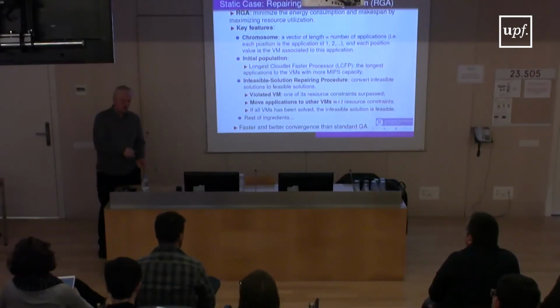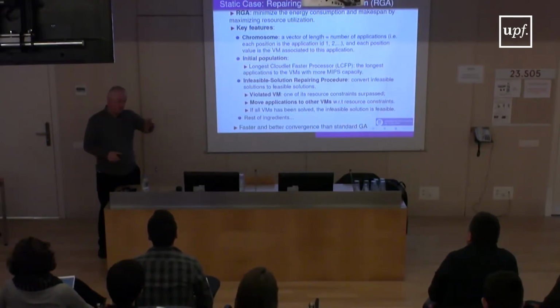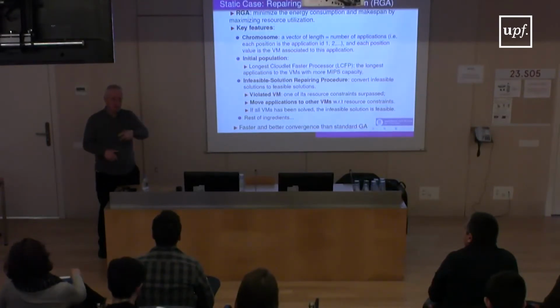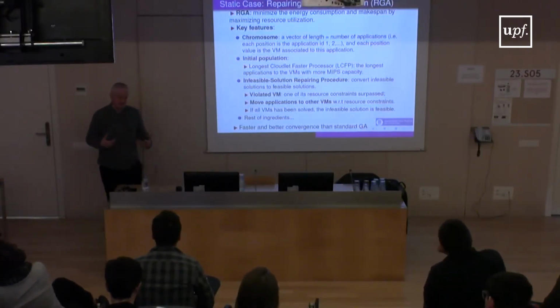You have to implement a crossover and mutation, and you very soon realize that by making, let's say, a single mutation, just a swap between two applications and virtual machines, that solution may become not feasible, because you change the virtual machine type, and perhaps that virtual machine type is not suitable for that application, right? So you easily run into infeasible solutions.